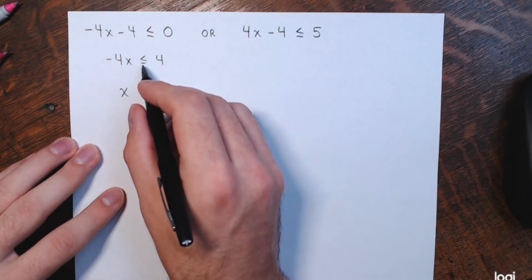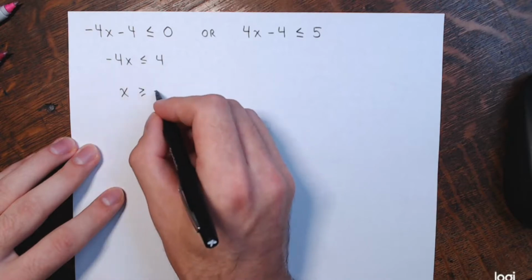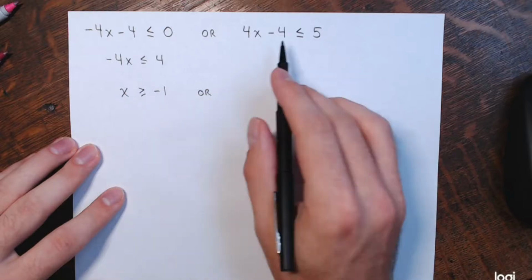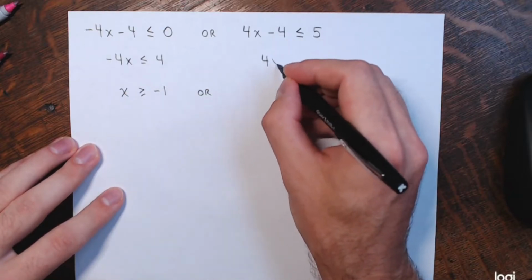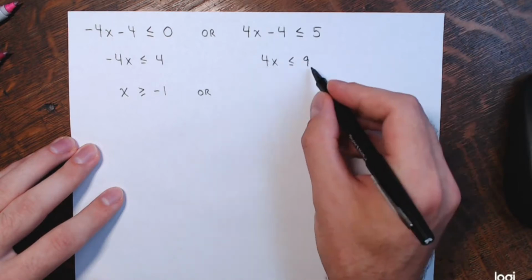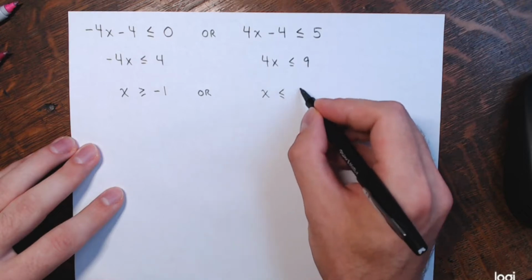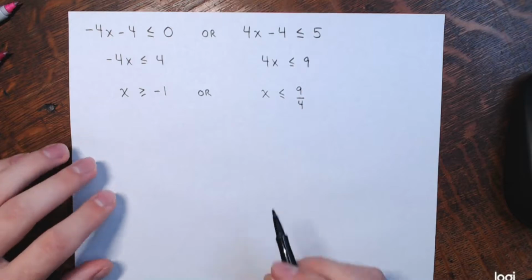Dividing by a negative flips this, becomes is greater than or equal to, and then 4 divided by -4 is -1. And we have the word or, and then the other one, I would add 4 to both sides, giving me 4x is less than or equal to 9, and then divide by +4, and that's a +4, so the symbol wouldn't flip. And I get x is less than or equal to 9/4.